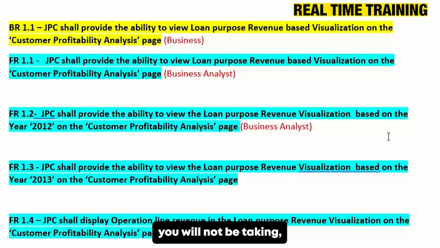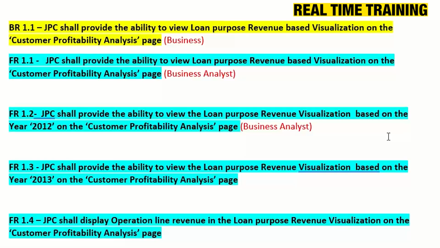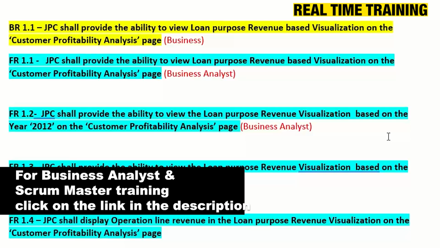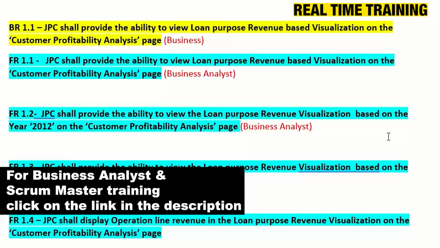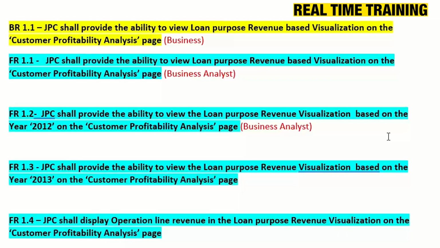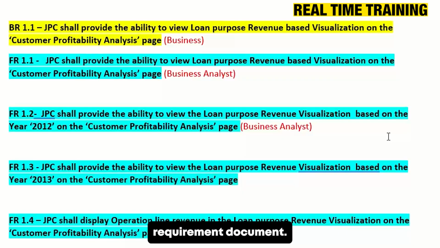You will not take care of it, that will be done by the project manager. But then you have to be aware that that is something that needs to happen. So all these things must be documented in the business requirement document.